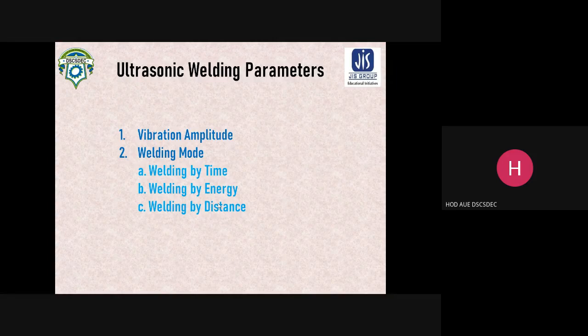In that case, the materials which were to be joined were covered by this welding horn, so you weren't able to see the vibrations. But on the previous day, when I started this session, I showed you this ultrasonic welding diagram.